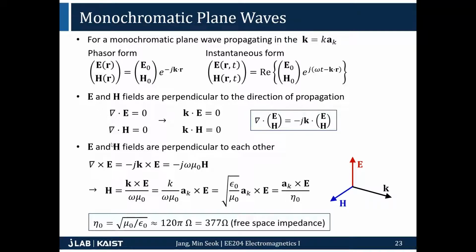And a similar thing applies here: curl of E is minus jk cross E. Okay, that's the convenience of having exponential dependence. If you encounter any differentiation, you can just put this thing in front, and then just take the cross product or dot product. Okay, so any question so far?